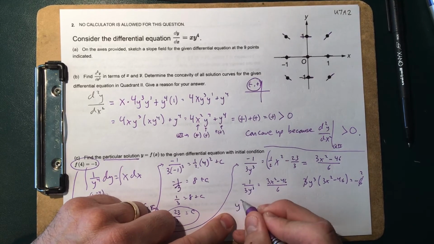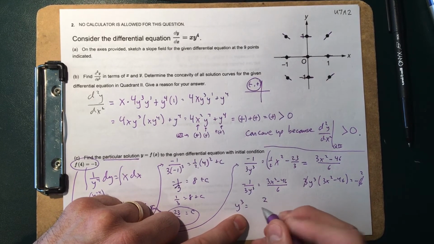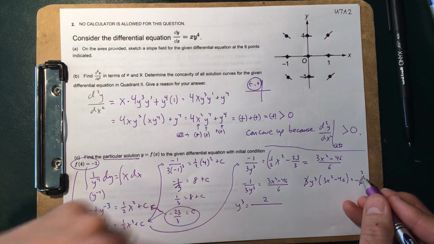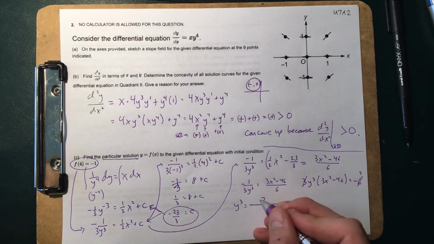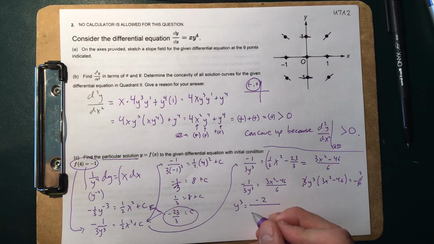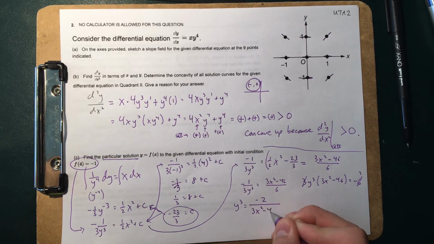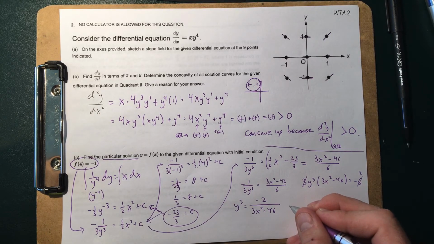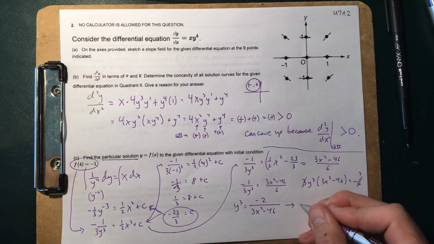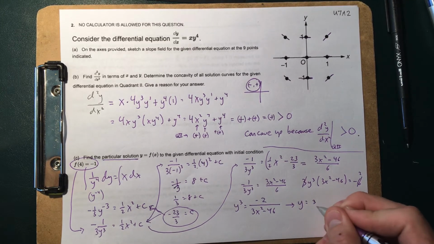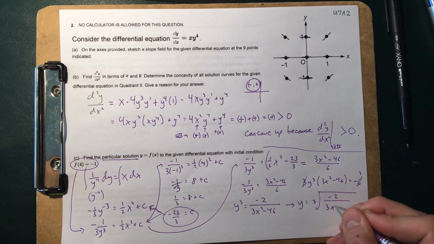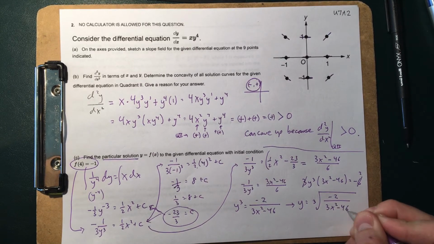So now y cubed is going to equal, I think it's a negative, negative 2 over 3x squared minus 46. Okay. So it looks to me like y is the cube root of negative 2 over 3x squared minus 46.